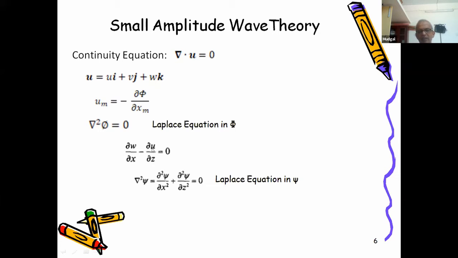Substitute for w and u in terms of psi, you will end up with the Laplace equation in psi. So whether you use the Laplace equation in phi or psi does not matter. You can still get the same answers. Okay, but many of the books start with the velocity potential Laplace equation. So we will stick to the velocity potential for the Laplace equation.